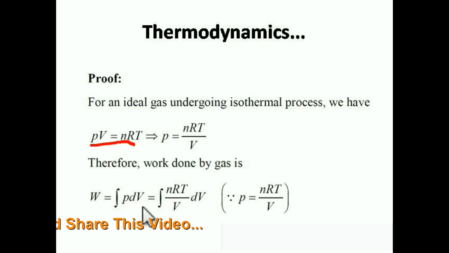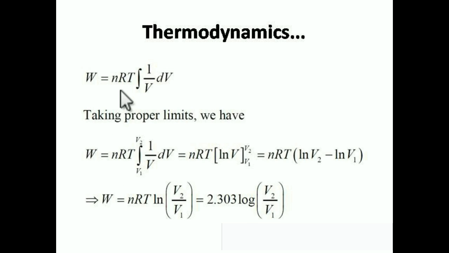Now again, integration of P dV. Put nRT/V here. nRT are all constants, so integration of (1/V) dV gives ln V, with limits V1 to V2.